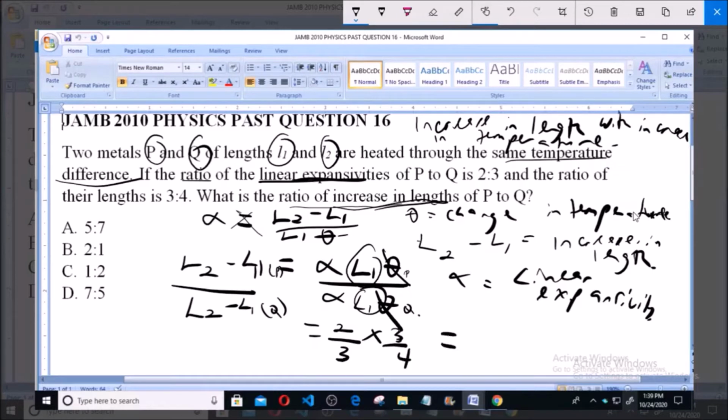That is equal to 6 over 12, and reducing this to the lowest term is 1 over 2.